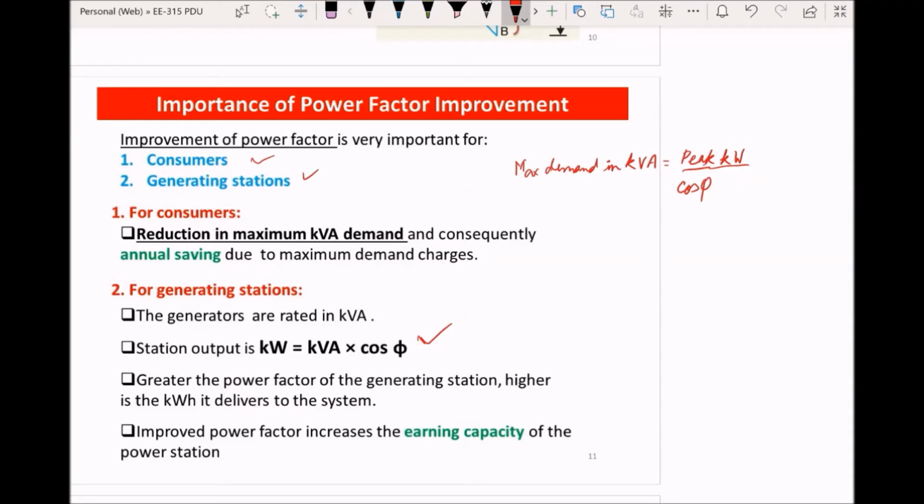Therefore, the greater the power factor of the generating unit, the higher the kilowatt it can deliver to the system. An improved power factor also leads to improving the earning capacity of the power station.